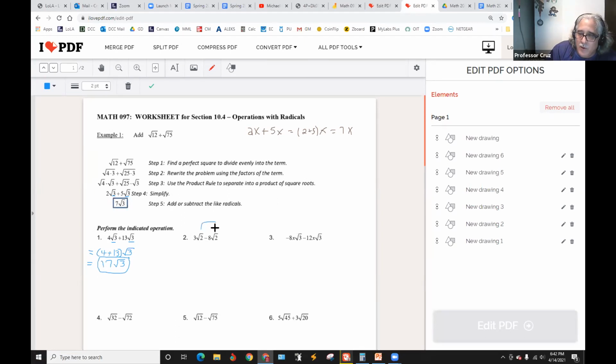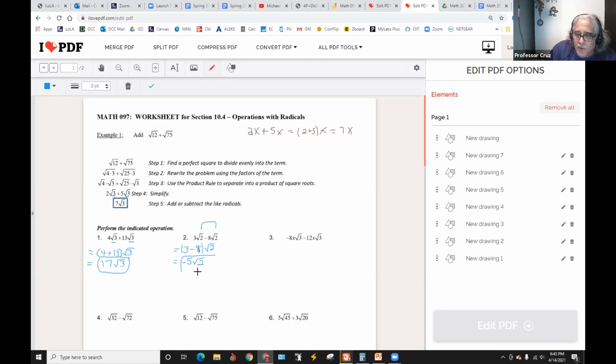We got square root of 2 and square root of 2. So 3 minus 8 is negative 5 square roots of 2. Does that look good?